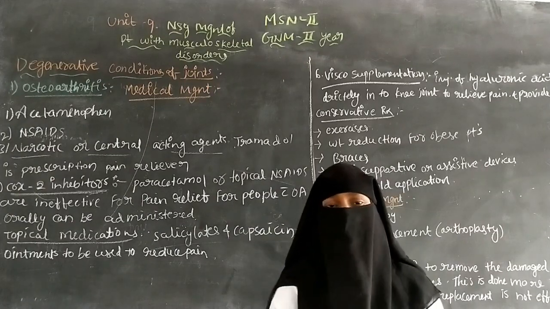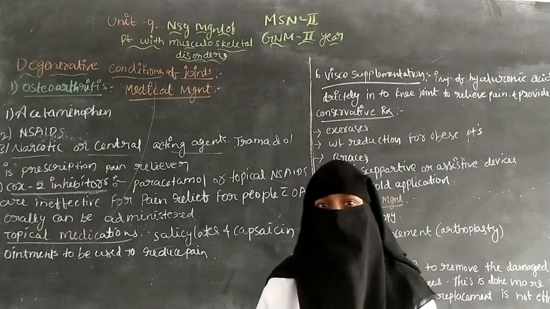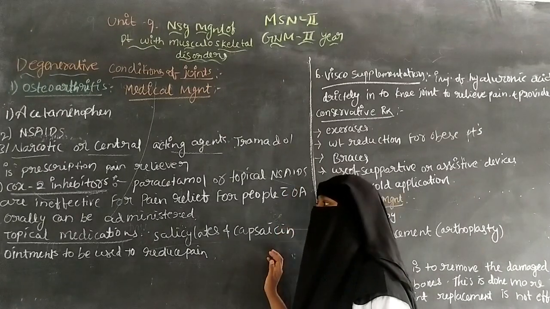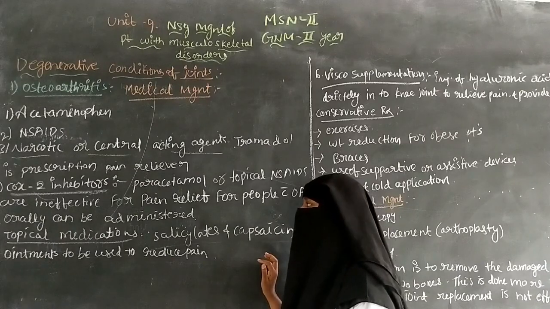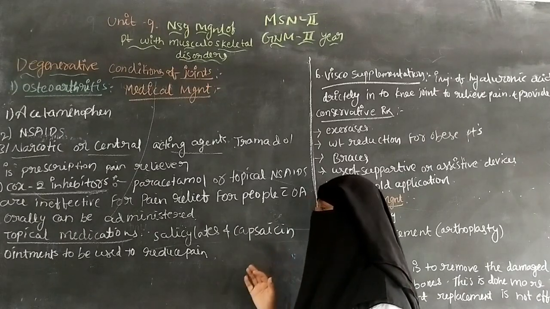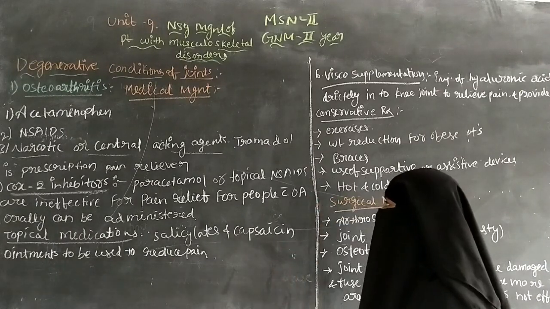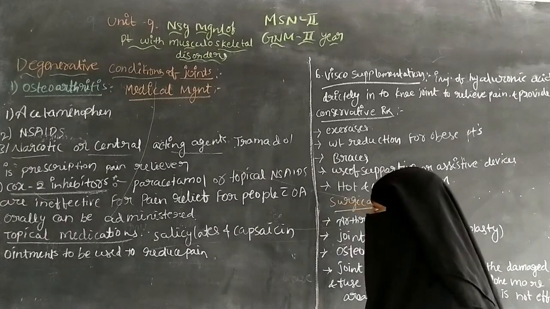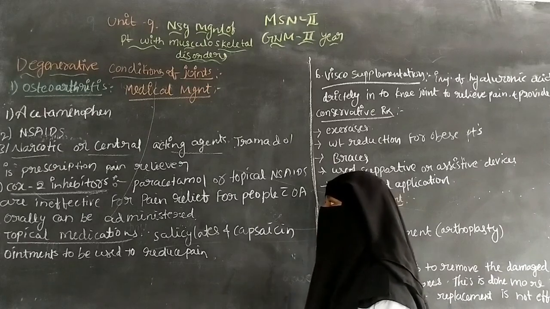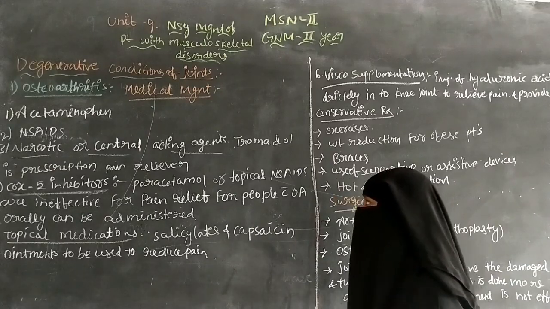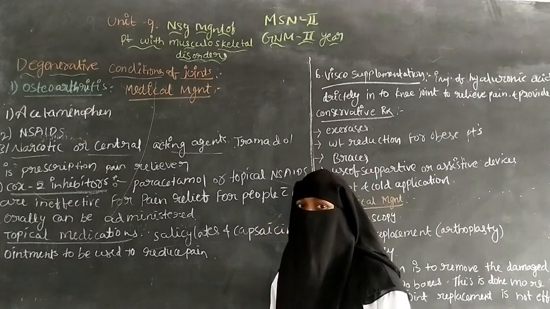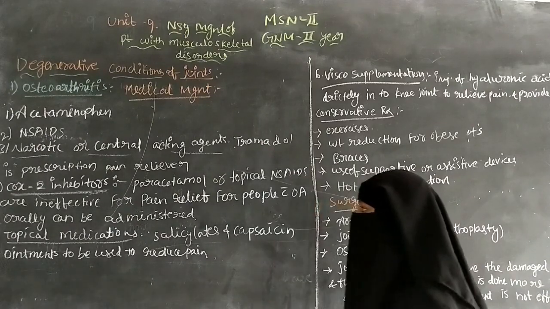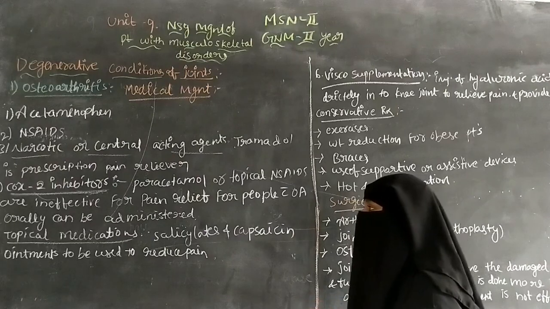Topical means applied on the skin, so ointments are available. Painkillers, paracetamol and topical NSAIDs can be effective to relieve the pain. Pain can be reduced by using paracetamol and by topical application of ointment on the skin.